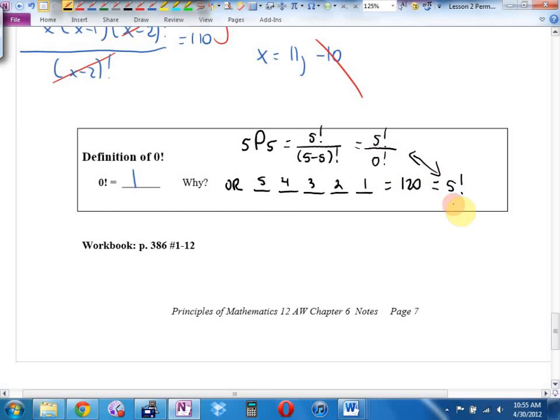What is on the bottom right here? It's an invisible 1. That has to, that must, otherwise we have an inconsistency. It must work out to a 1. So it's defined as uno, 1. It doesn't fit the rest of the factorial. Perfect.